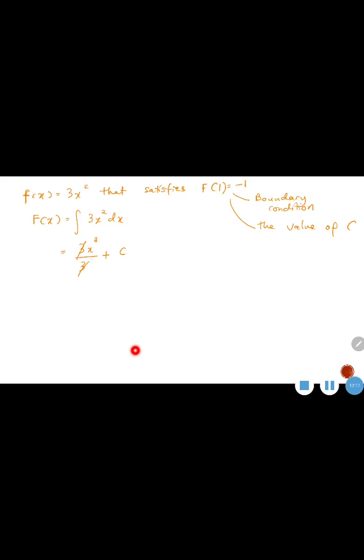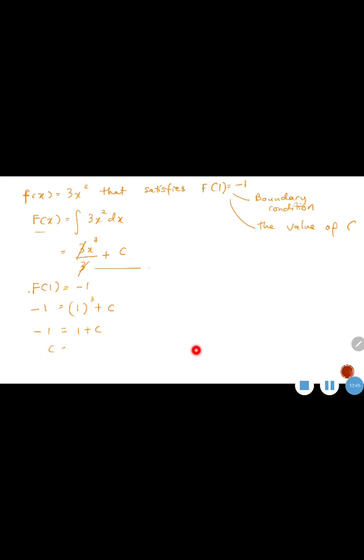So now you have the function, and F(1) is equal to minus 1. So replace 1 in the F(x) here, plus c, and we will get c.